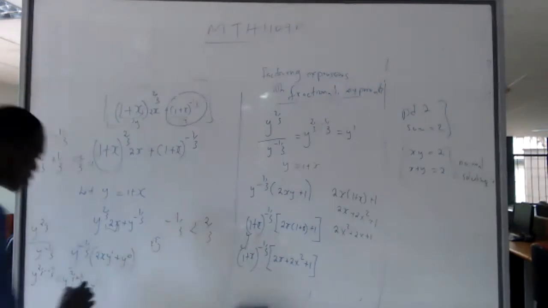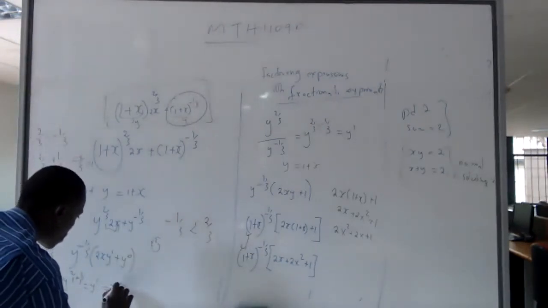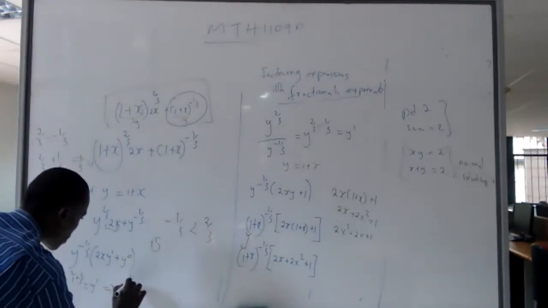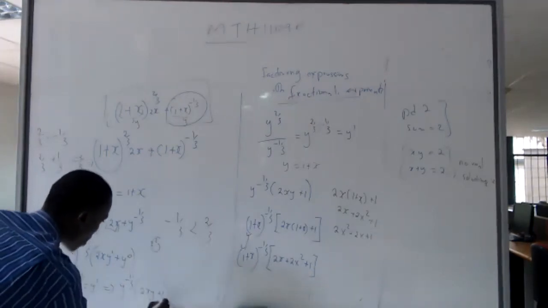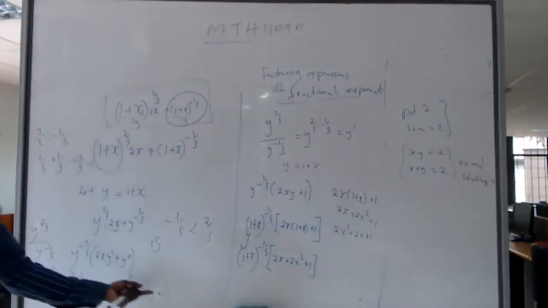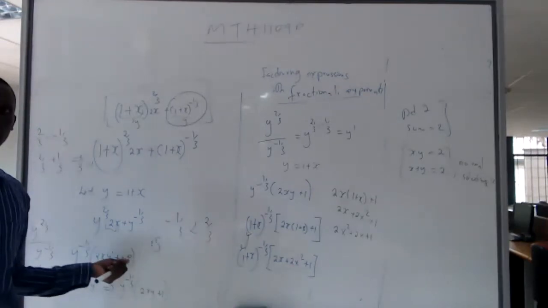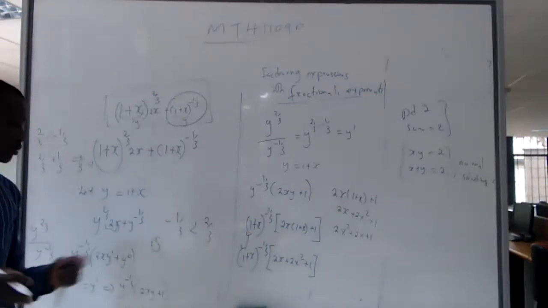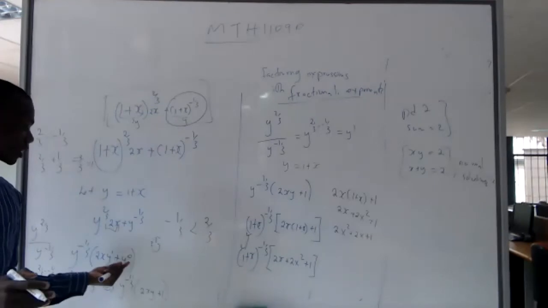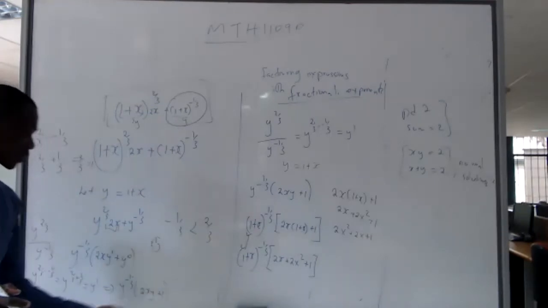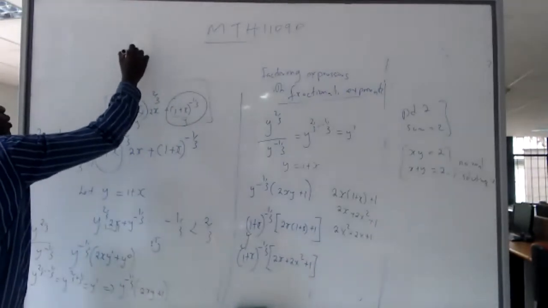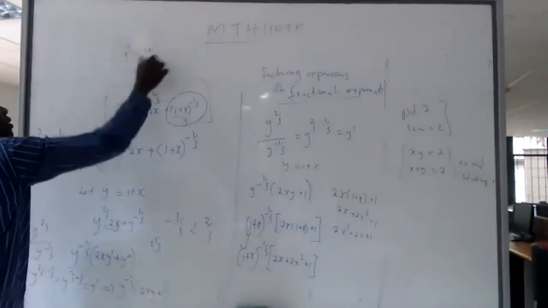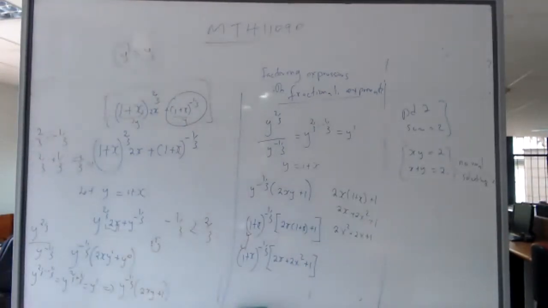That's why I wrote this as y power minus a third times 2xy plus 1. You can even try this with your calculator. Take any number, maybe 22 million, raise it to 0, you'll get a 1. And y times y raised to 1 is the same as y. Okay, thank you.